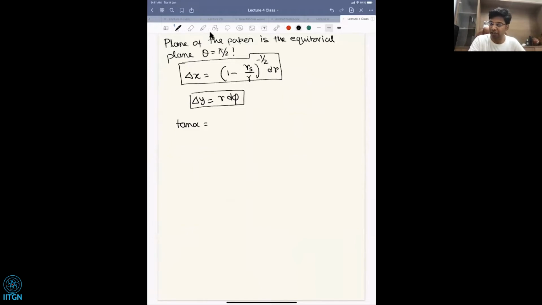Alpha equals alpha naught when I have light rays coming very, very close to the last ray. So tan alpha is then equal to r d phi divided by (1 minus rs by r) to the power half dr, evaluated at r equal to r naught, for any light ray coming towards me.